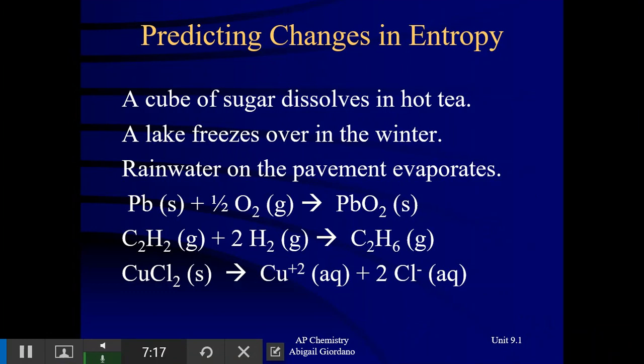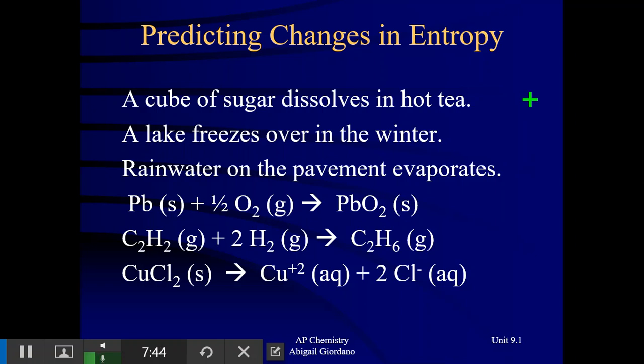Imagine you take a cube of sugar and you dissolve it in hot tea. Think about, is this process becoming more organized or more disordered? Hopefully you said more disordered, because that sugar cube is going to break up, it's going to dissolve. So delta S will be positive. Entropy is increasing.